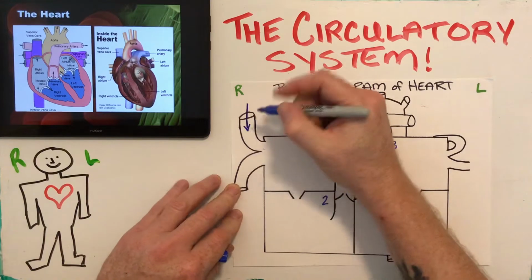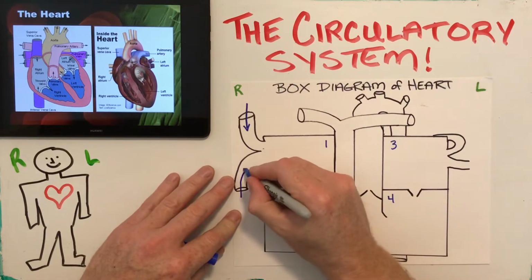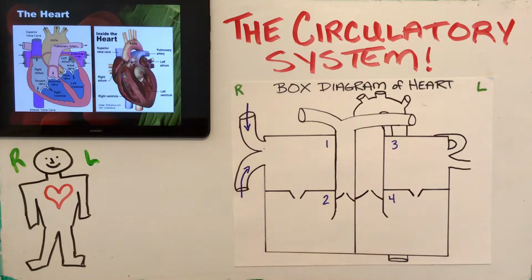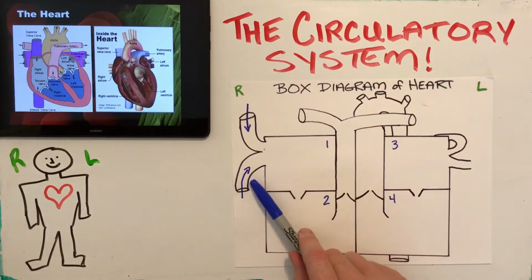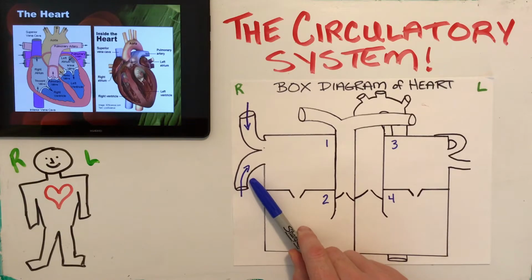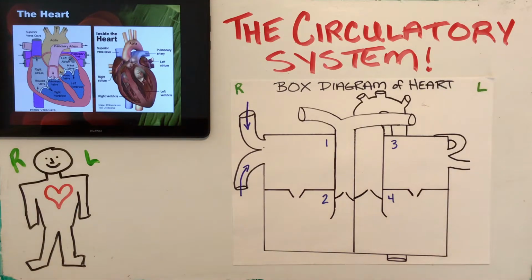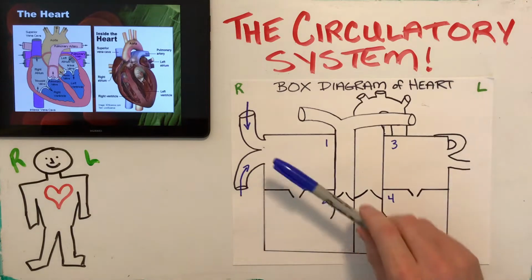Now there'll be another diagram with all of the labels in it. So we have the superior vena cava and the inferior vena cava. All right? If you want to label a heart diagram, I'll put one on there in a sec. You can label it while you're watching this video. I'll put a labeled heart onto your EDSB page for you.